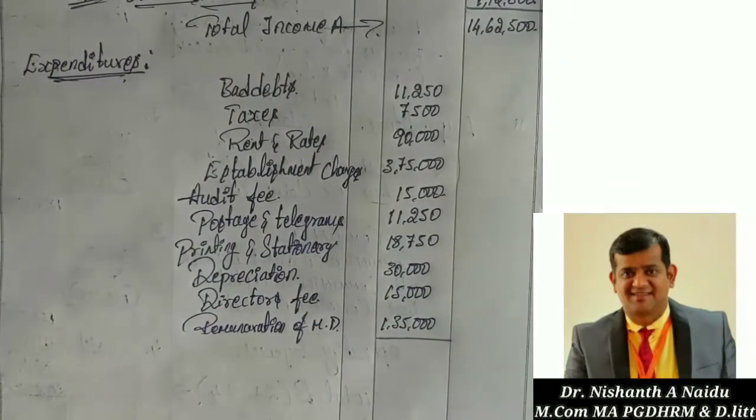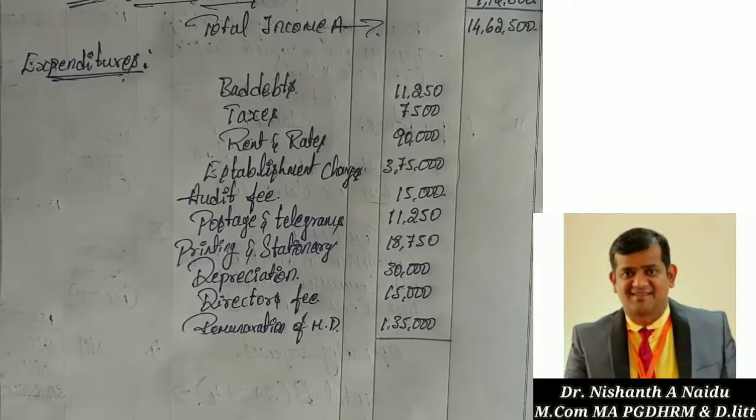So now the total of this: 11,250 plus 7,500 plus 90,000 plus 3,75,000 plus 15,000 plus 11,250 plus 18,750 plus 30,000 plus 15,000 plus 1,35,000.